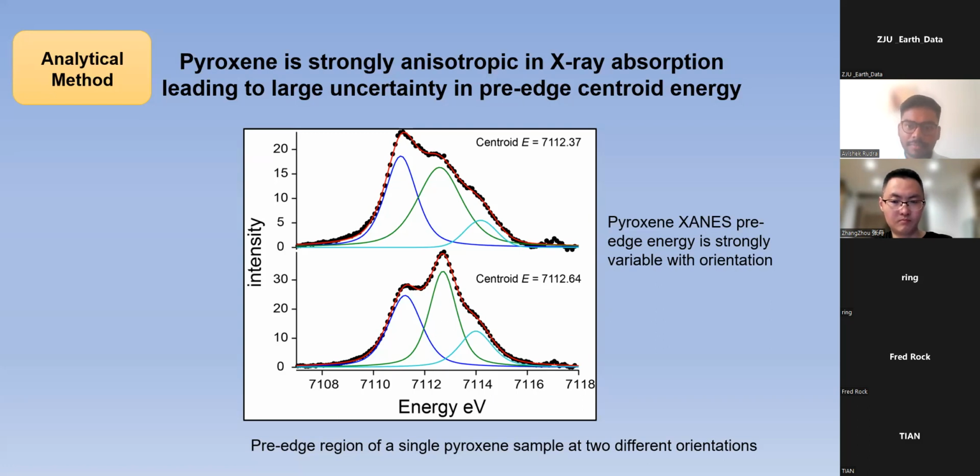So a single pyroxene, depending on how it is oriented with respect to the X-ray, can show different centroid energies. For example, here I'm showing you the same CPX crystal, one single CPX crystal, with two different orientations. And depending on the orientation, you can see the centroid energy changes quite a lot.